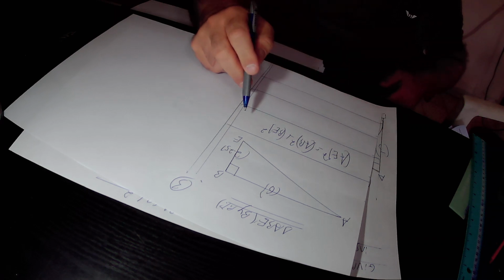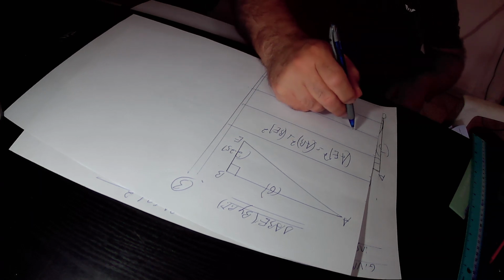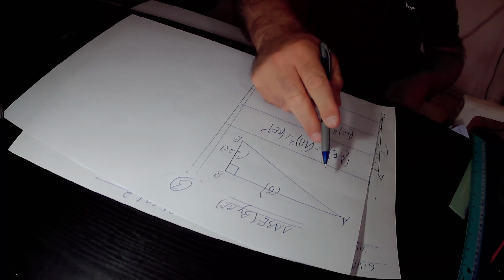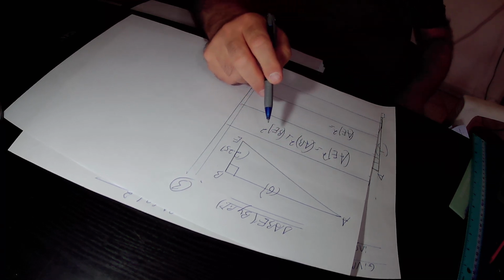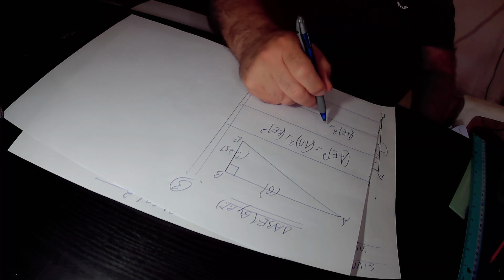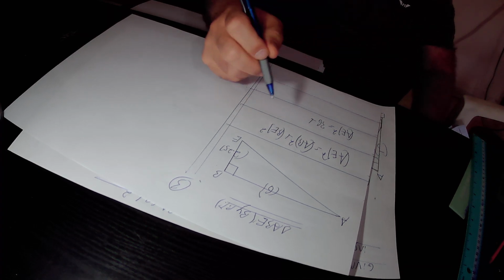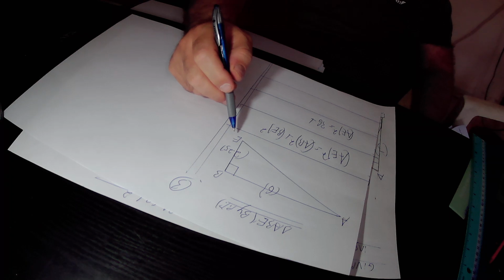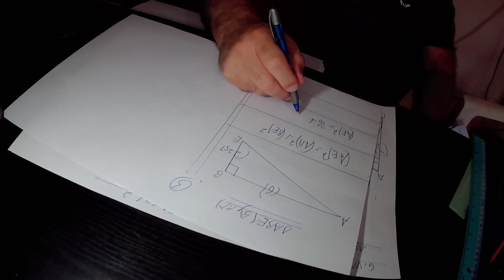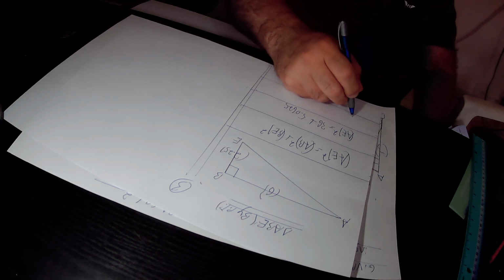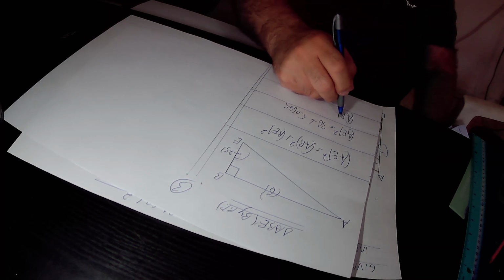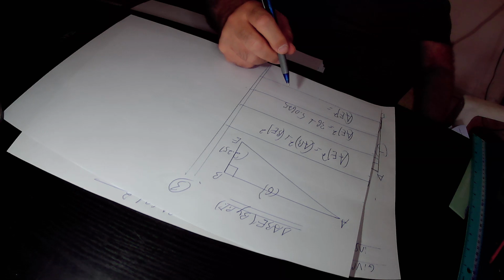AE is the missing side, so we leave it as it is. AB is 6, therefore AB squared is 6 squared, that is 36. Plus BE squared. BE is 2.25, and therefore BE squared is 2.25 squared, that equals 5.0625. So in total, AE squared equals 36 plus 5.0625.